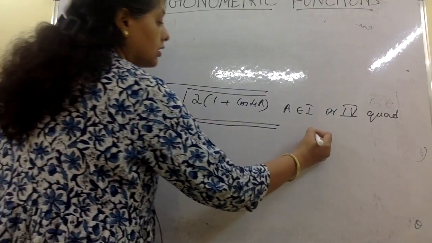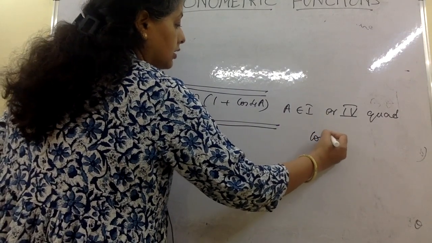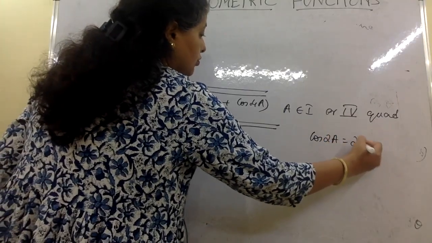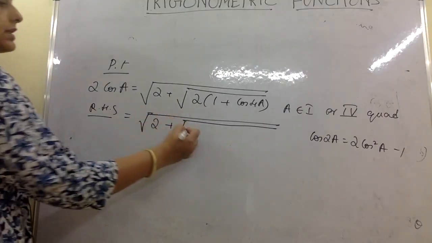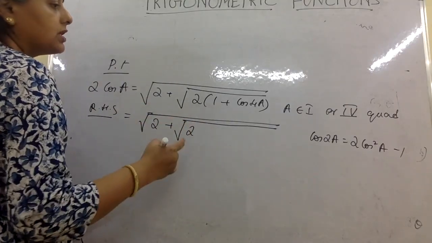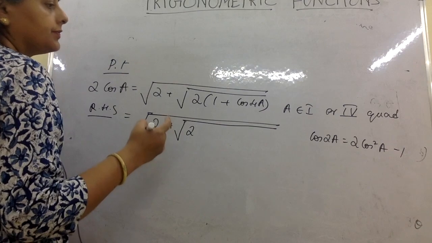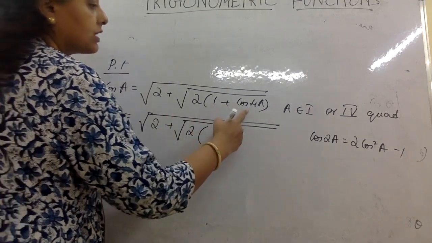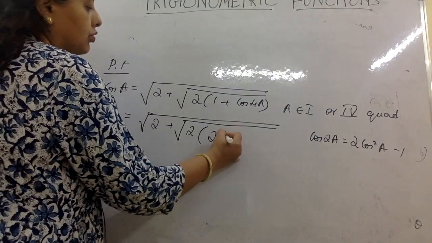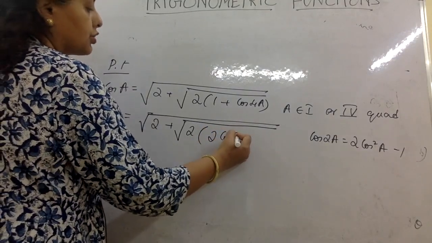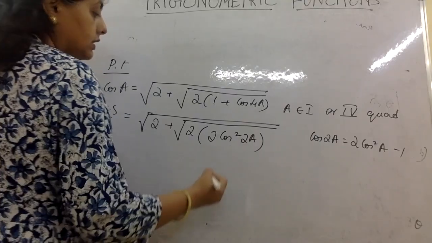We are using cos 2A is 2 cos square A minus 1. This formula we are using inside the root sign. 1 plus cos 4A is 2 cos square 2A. Yes.